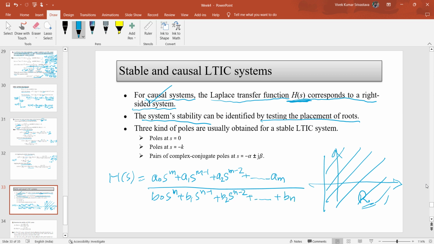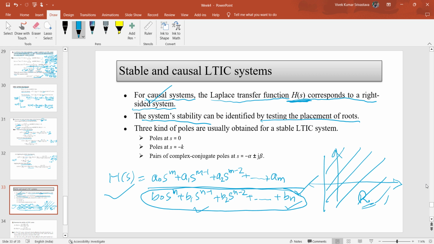Such a transfer function is given to us. First of all, we have to evaluate the poles, meaning we have to evaluate the roots of the denominator function. The roots of this denominator function represent the poles of the transfer function.